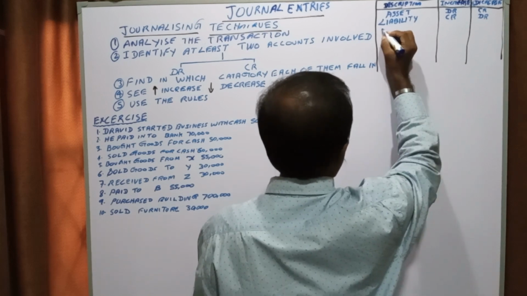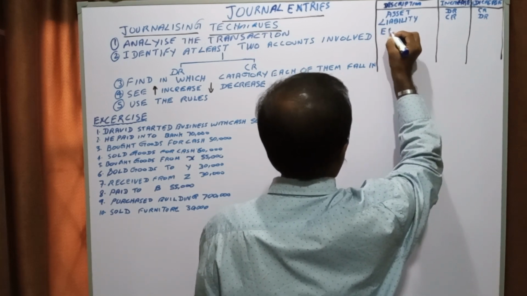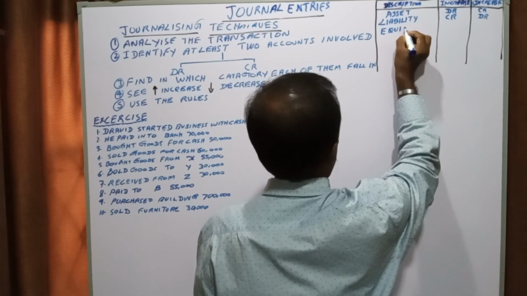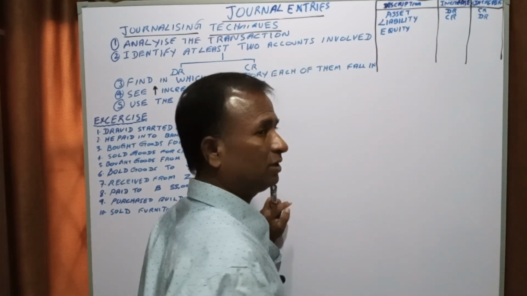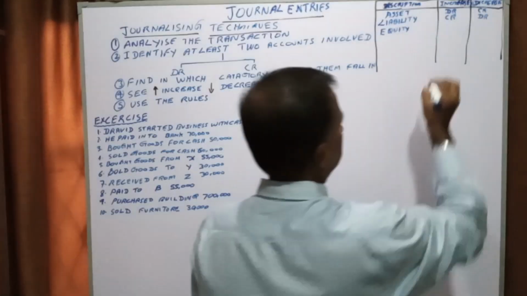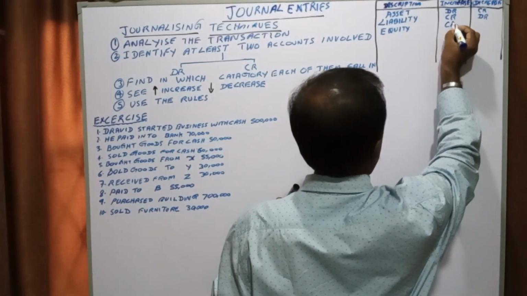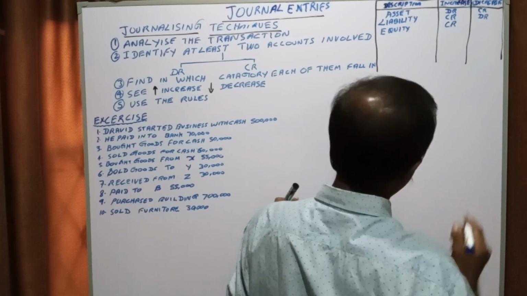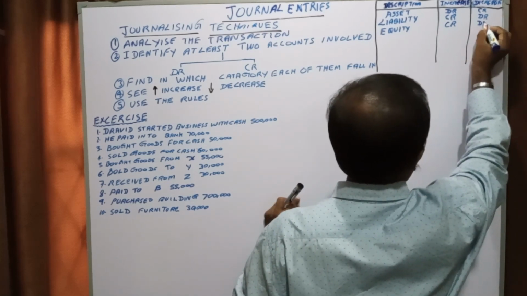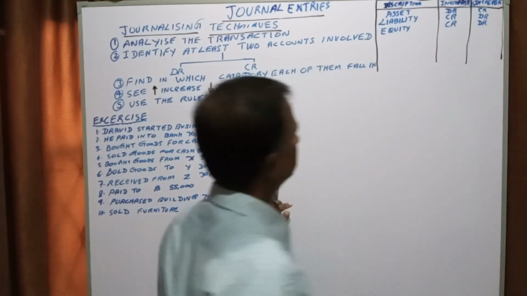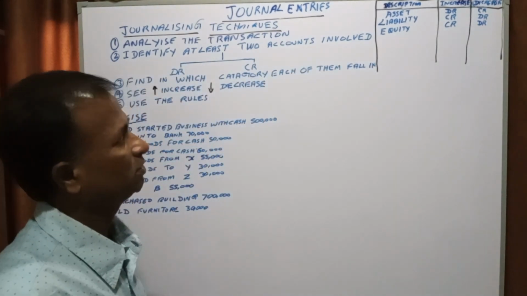Next one, equity. If there is any increase in the equity, you have to credit it. When there is a decrease in the equity, you have to debit it. Okay, understood?